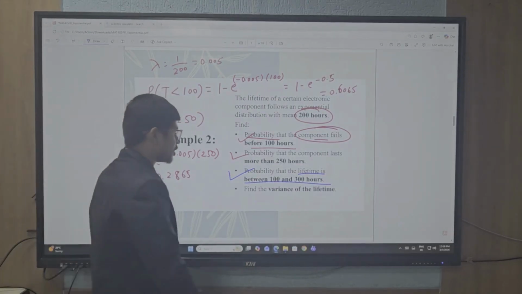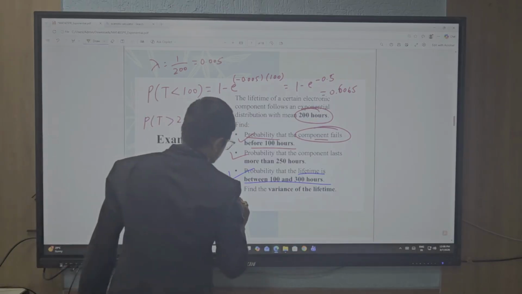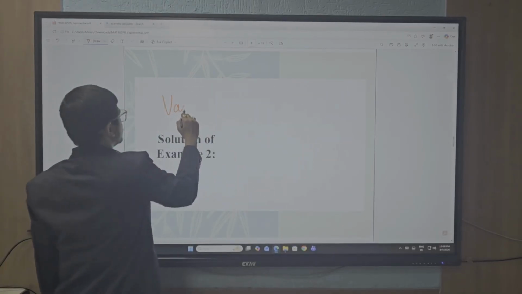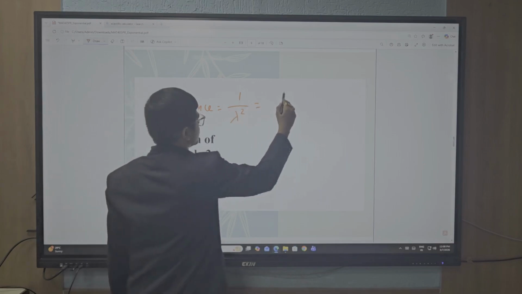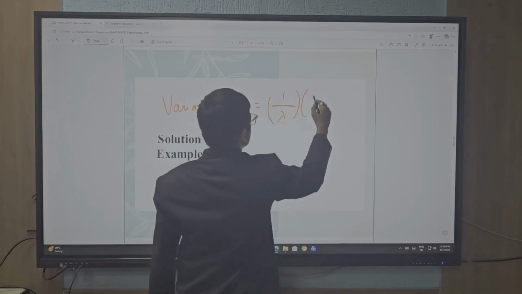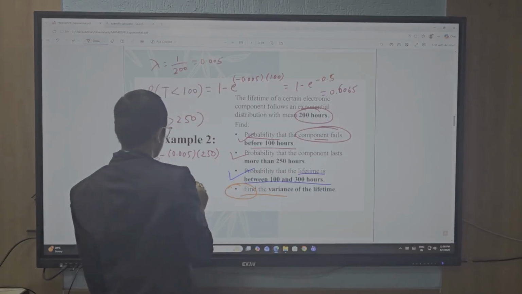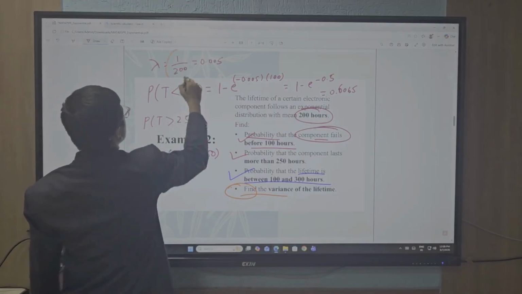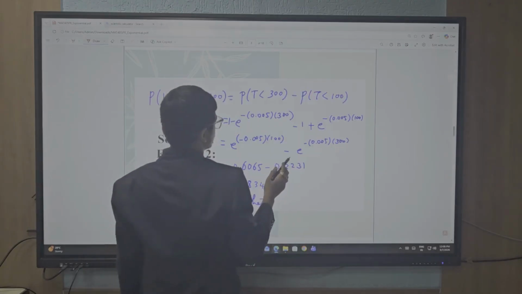Okay, so now at last find the variance. How can we find the variance? Variance is nothing but 1 by lambda square. 1 by lambda means mean, and the mean is 200 hours.